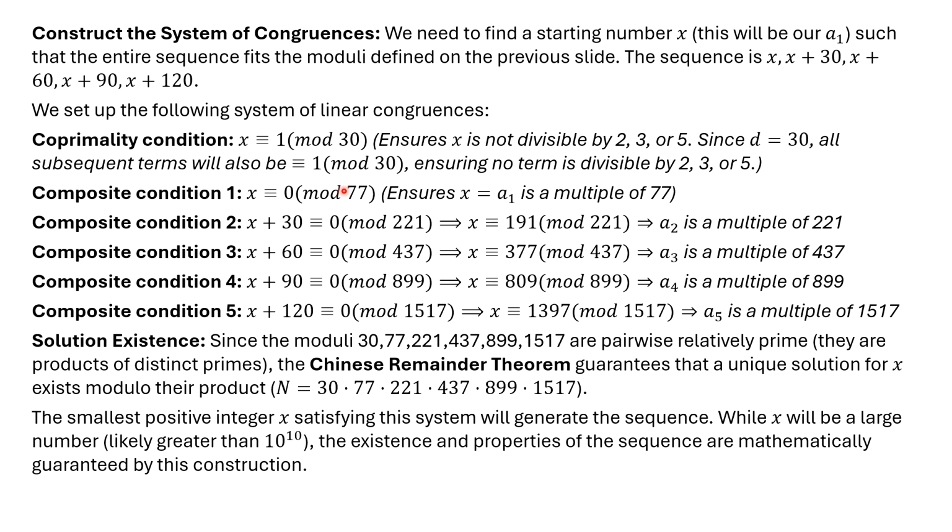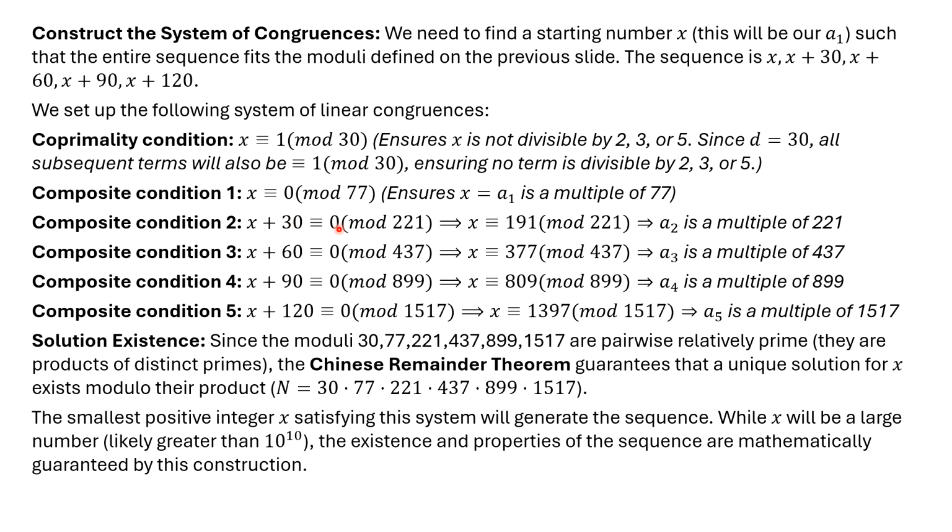Remember, 77 was the first modulus we defined, n sub 1. So this ensures that a sub 1, which is our x, is a multiple of 77. And of course it's composite because 77 is a product of 2 primes.